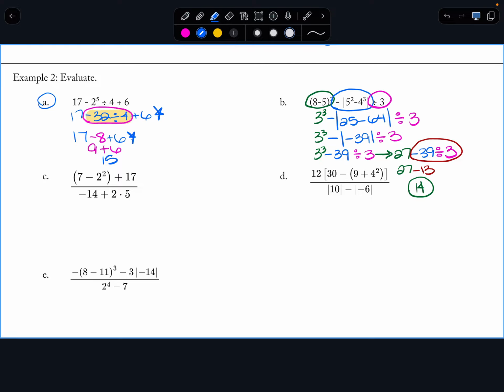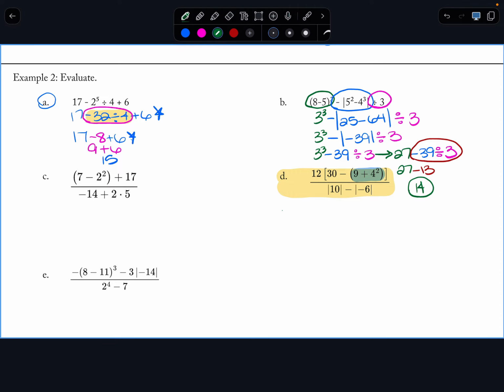Let's do one more. I'm going to skip C and E. Let's do D, just because D's got square brackets and stuff like that. Okay, so I need to do my parentheses first.